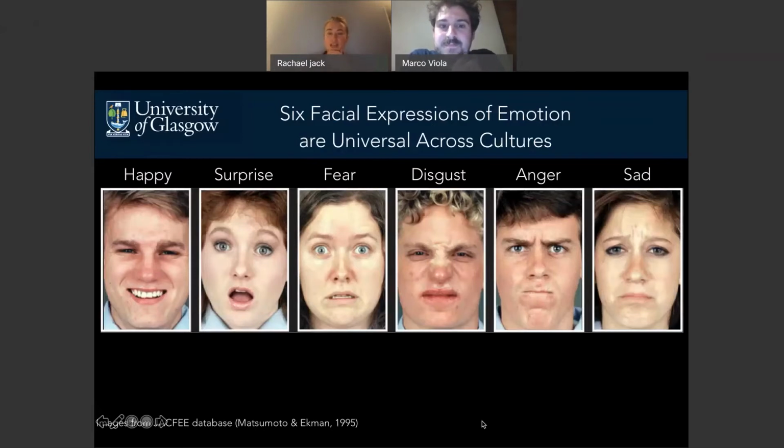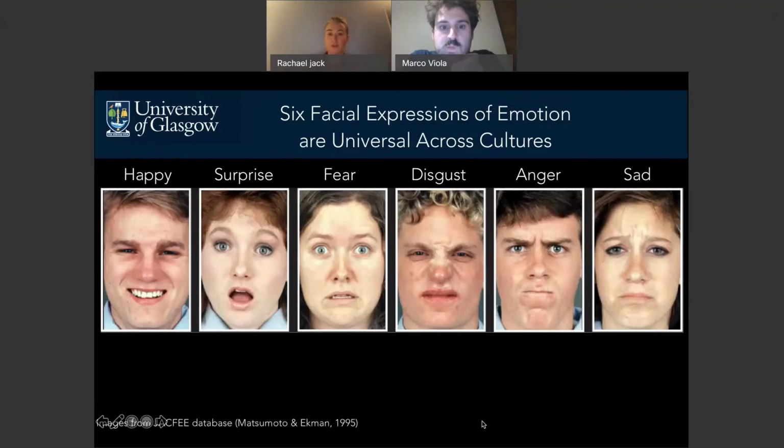So if we take a closer look at the data, though, we find that there are some limitations or some issues with these data in terms of universality, and it also reflects that knowledge of facial expression so far has remained somewhat limited. And this has also been limited by technological and methodological advancements.